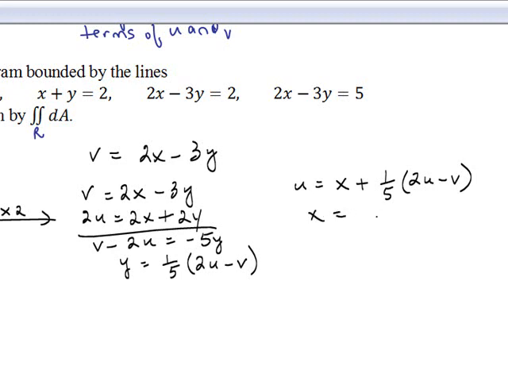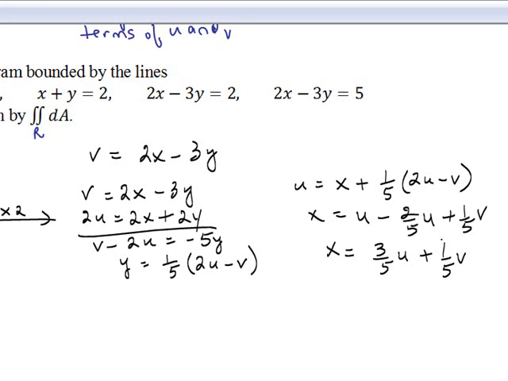So x equals u minus 2/5 u plus 1/5 v. So x equals 3/5 u plus 1/5 v. Okay? So now we have x and y in terms of u and v.